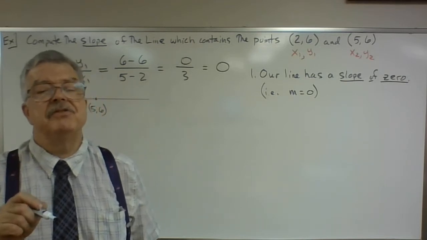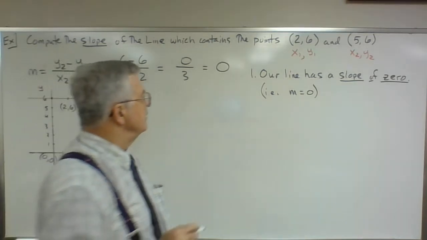And whenever the slope is 0, we have a horizontal line.